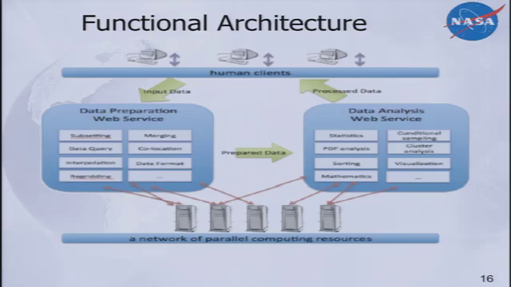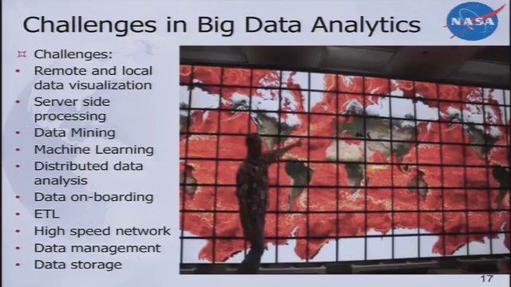So if you take a look at this chart, this is kind of an architecture diagram. On the left-hand side, that's the traditional library science type of functions. On the right-hand side, that's more of the analytic functions. So we are busy working on the right-hand side, trying to make it more useful.